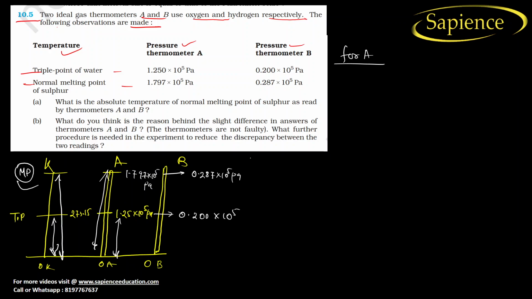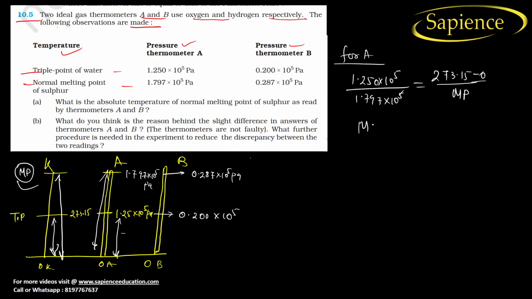So 1.25 into 10 to the power 5 divided by 1.797 into 10 to the power 5 will be equal to 273.15 minus 0 divided by the melting point.